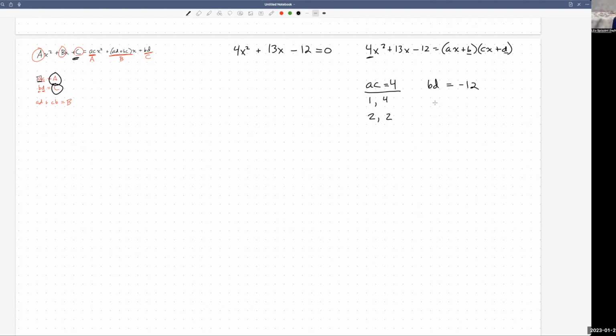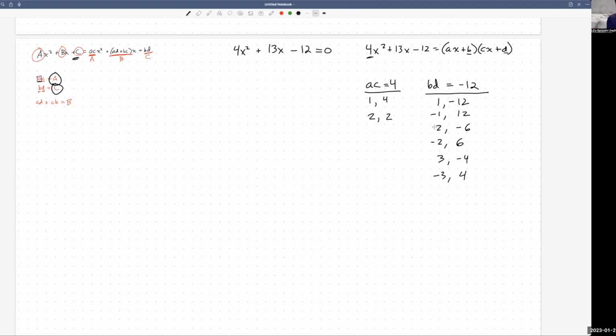B and d equals -12, though we do have to keep the negative in mind. So we're going to have the possibility that we have 1 and -12, or -1 and 12, 2 and -6, or -2 and 6. We're going to have 3 and -4, or -3 and 4, right?